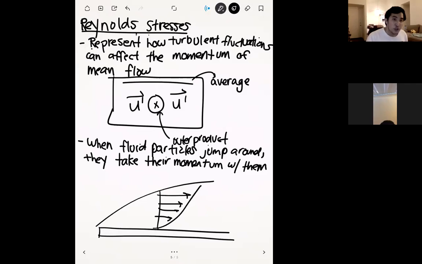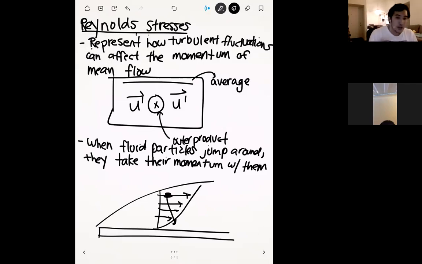But due to turbulence, you can have fluid particles that go from this layer up here, where the momentum is fairly high because our velocity is high, and then due to the turbulent fluctuations, it can jump down from the top to the bottom, just because in turbulence we have this random motion.